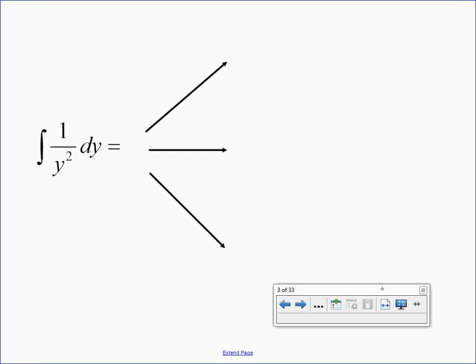So, quick reminder, this is something that we ran into on our test. We want to make sure that we're selecting and using the appropriate antiderivative rule when encountered with an indefinite integral. We saw lots of different things on your Unit 7 test. Is the indefinite integral of 1 over y squared with respect to y overall a natural log rule?